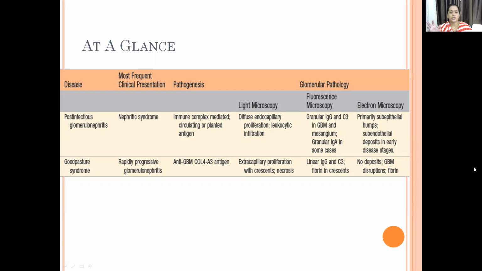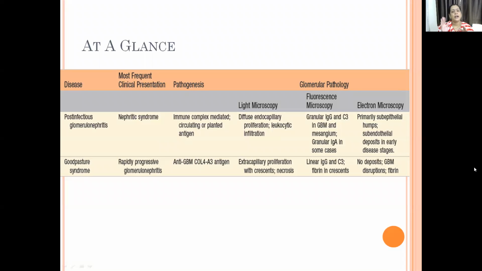There is diffuse endocapillary proliferation and leukocytic infiltration because of activation of the leukocytes, increasing factors and thereby recruitment of more leukocytes. By electron microscopy, the subepithelial humps are characteristic of acute glomerulonephritis, and then there are subendothelial deposits which are seen in the early stage of the disease.